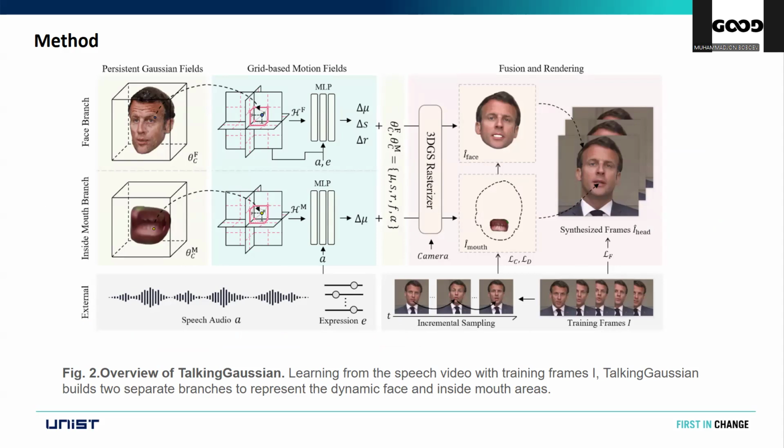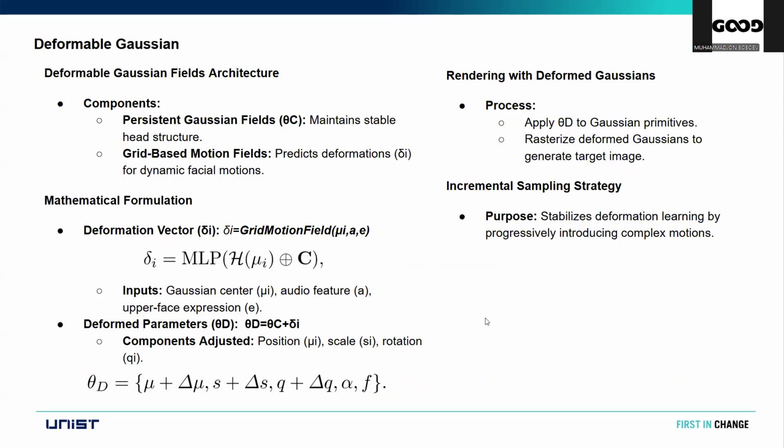This means that when the MLP predicts the deformation and the target deformation is very large, we have a vanishing gradient, which might fail to update the Gaussian field. So in order to tackle that problem, they sample sequentially rather than sampling across multiple frames. So this is a way to stabilize the learning process.